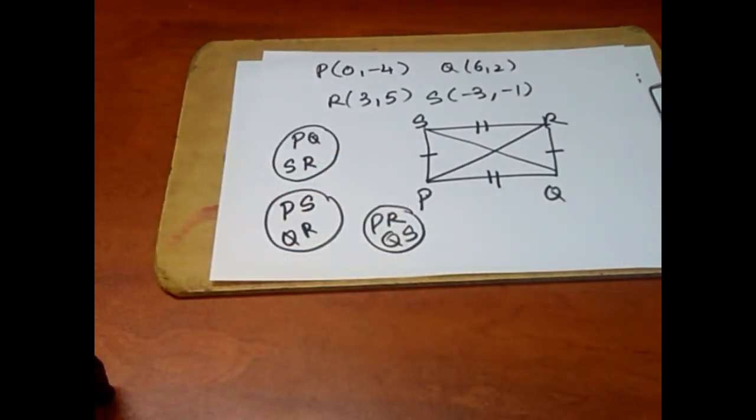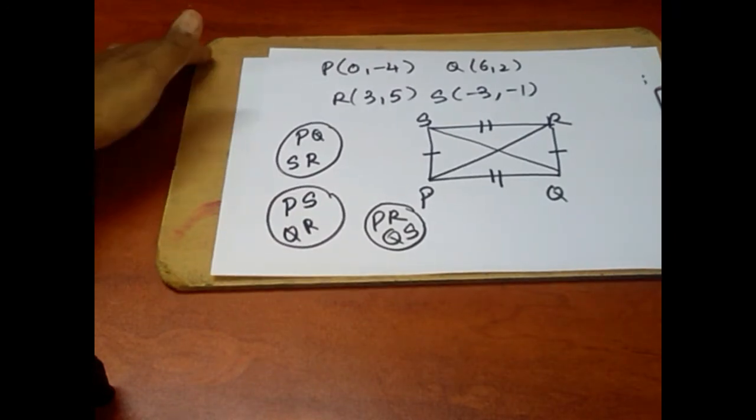So first listen to the solution properly. Doing the solution is very easy, but what to do and how to do is the problem. Now to prove the given points as the vertices of a rectangle, we need to prove that opposite sides are equal and the diagonals are also equal.